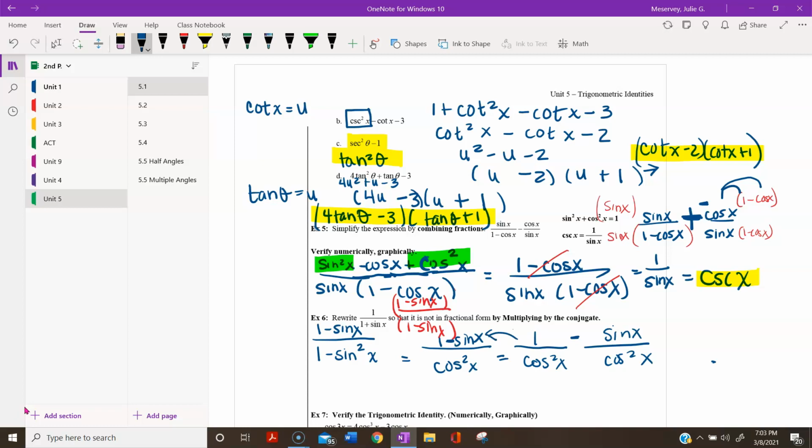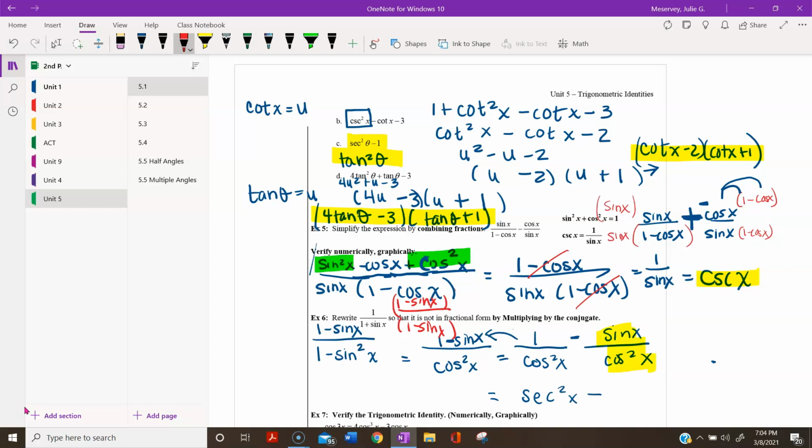Now 1 over cosine squared x is the same thing as secant squared x. We remember that cosine loves secant. So this would be secant squared x. And then you still have the subtraction. And we're going to take this fraction right here and break it up into 2 parts.